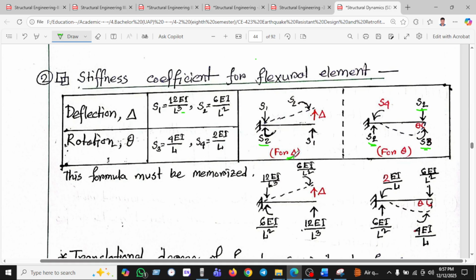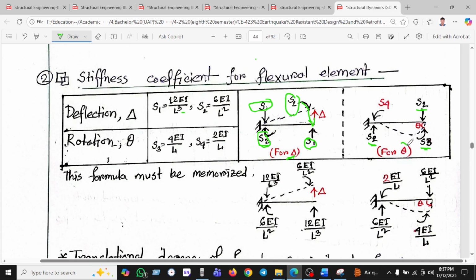Say we are taking the deflection at this point, so it will be S1. S1 will be upward, so the opposite direction of S1 will be S2. What will be the far end? The far end of S1 will be in the opposite direction, the opposite direction of S2.